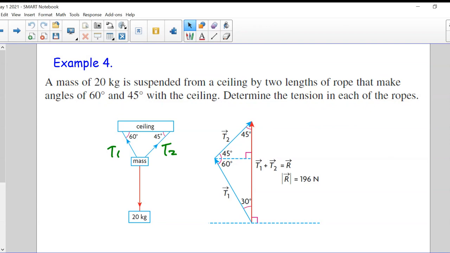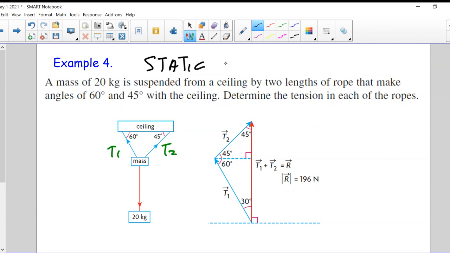Static equilibrium. I hope I can spell this right. It basically means you're in a state where everything balances out.